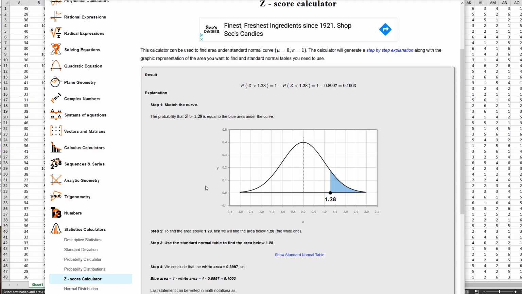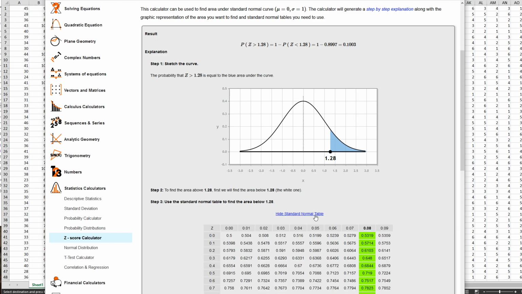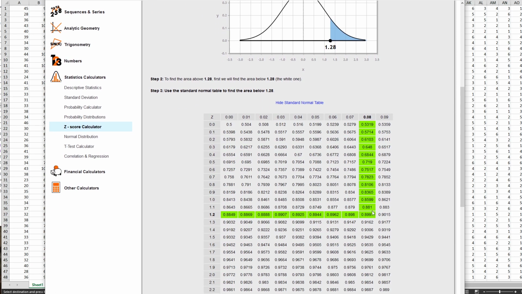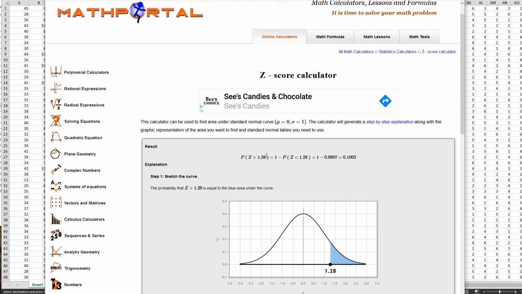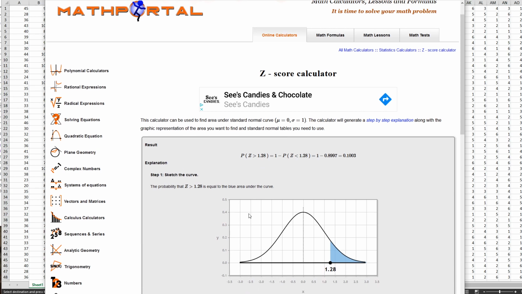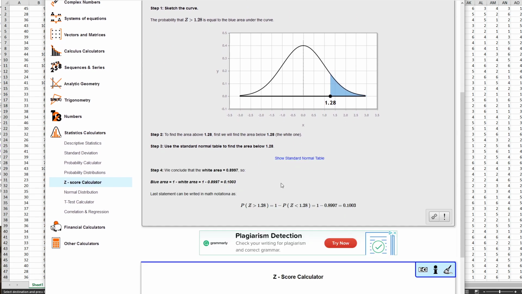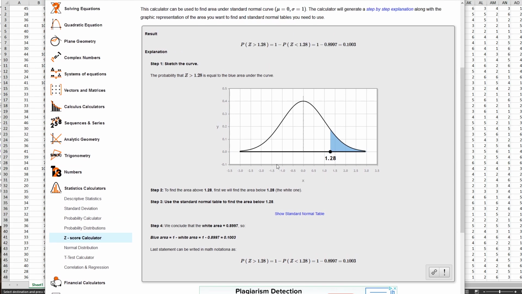It calculates this, shows you all the steps, and if you really want to know, it shows you how to find it on the table as well. So mathportal.org seems to be one of the neat tools you can use to help you deal with problems in statistics. So that's one of the recommendations.